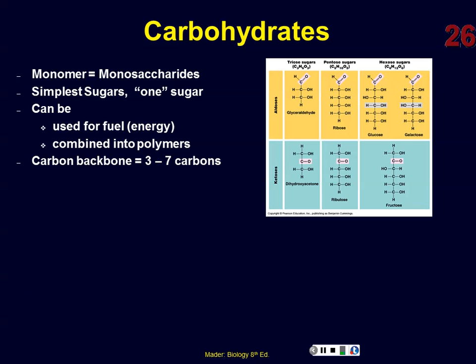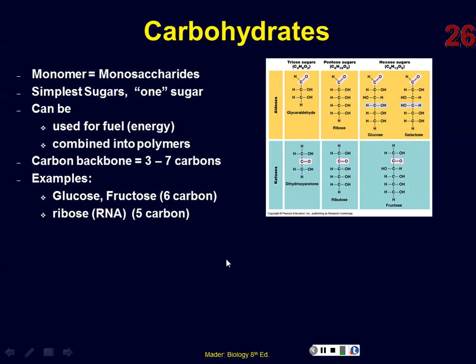So our example of glucose and fructose, what was that molecular formula? C6H12O6. So they both have 6 carbons. Does that mean that glucose is a monosaccharide? Yes, glucose is a monosaccharide. Glucose and fructose both have 6 carbons. Other examples of monosaccharides that we're going to talk about are a sugar in particular named deoxyribose and ribose.